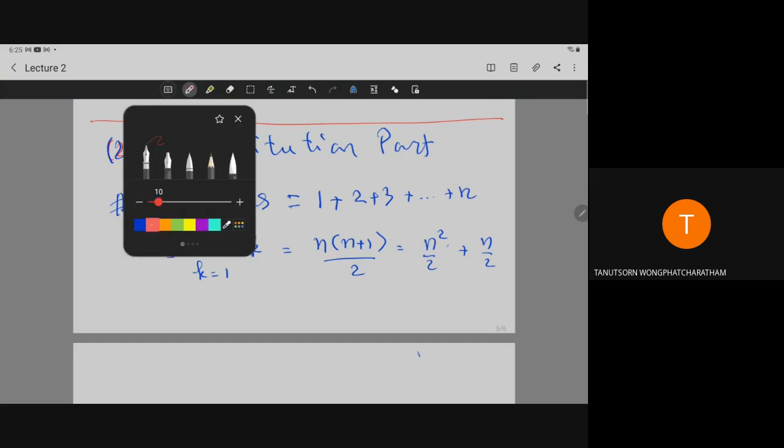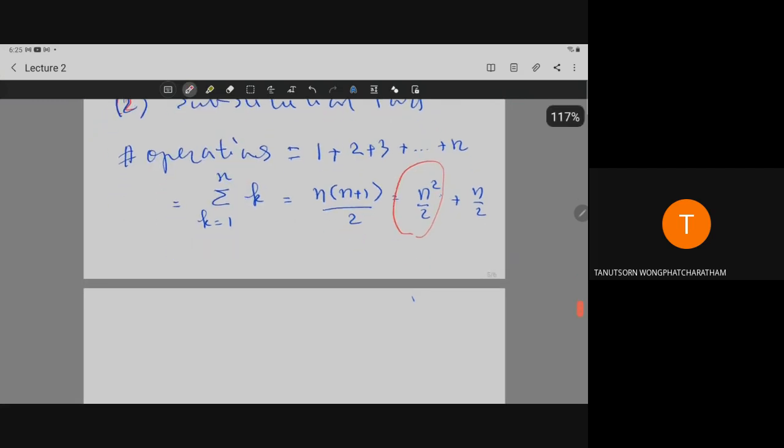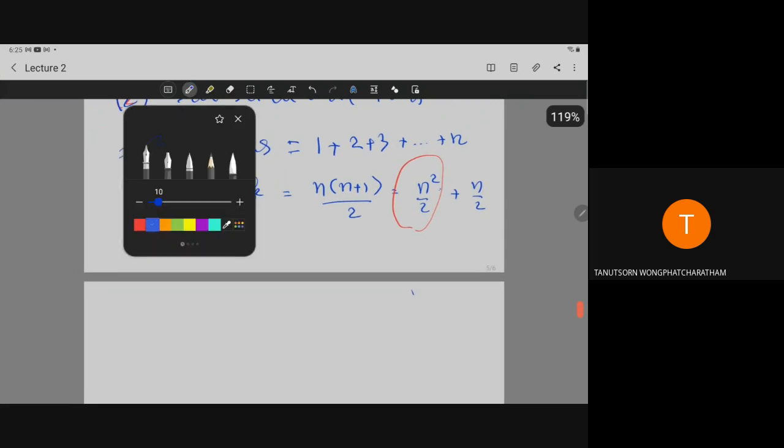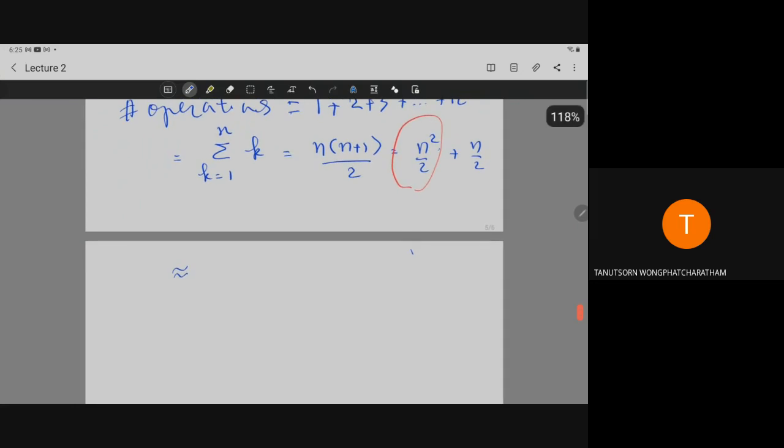And similarly, because this term dominates the second term, we can say that the operation count is around n squared over 2.